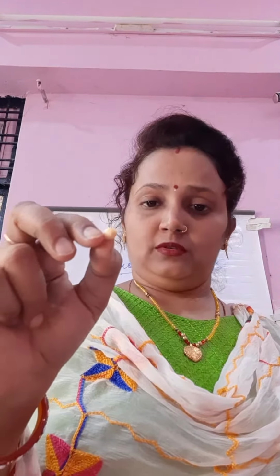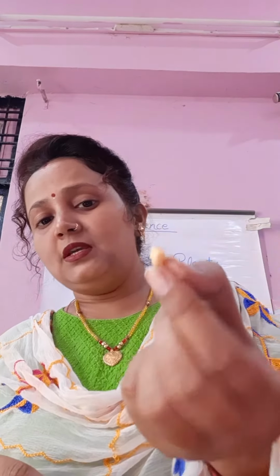Until the new plant grows, who provides food and nourishment? The cotyledon, the creamy coloured part, provides the food and nourishment to the seed. Now you can see I have split it into two equal parts. When the seed splits into two equal parts, it is called a dicotyledon seed, because you can see two cotyledons here.